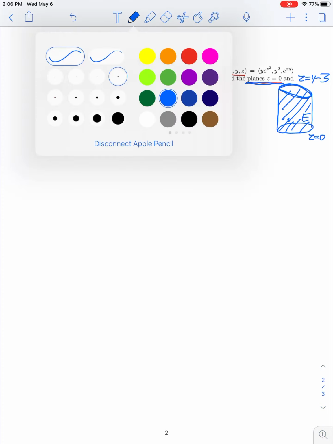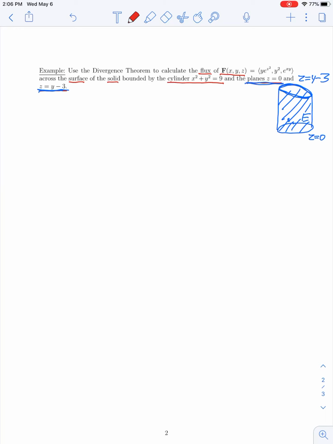Now the surface itself that I'm trying to find the flux across is the boundary of that solid region. So if we think about just its surface, not counting the interior, that would be the surface S that we're trying to integrate over. Now, if we were to try to do this directly without applying the divergence theorem, we see that our surface S consists of 3 piecewise smooth pieces.